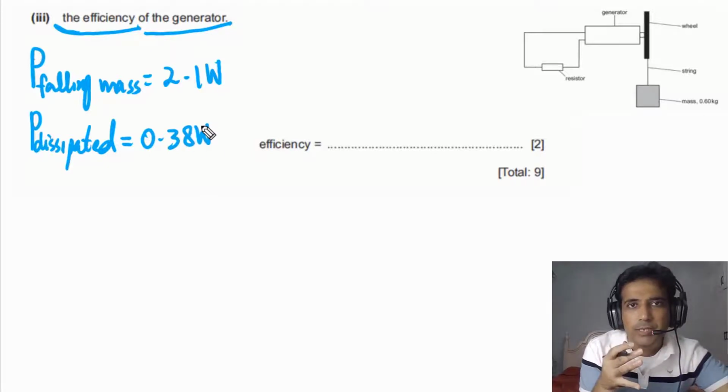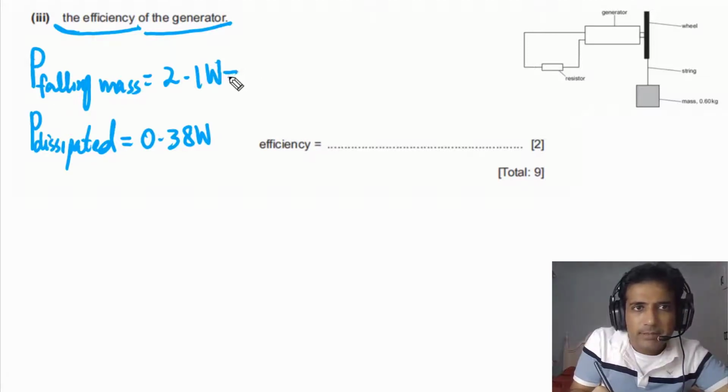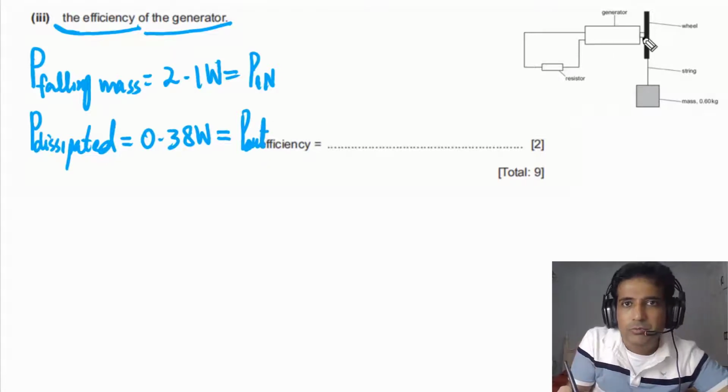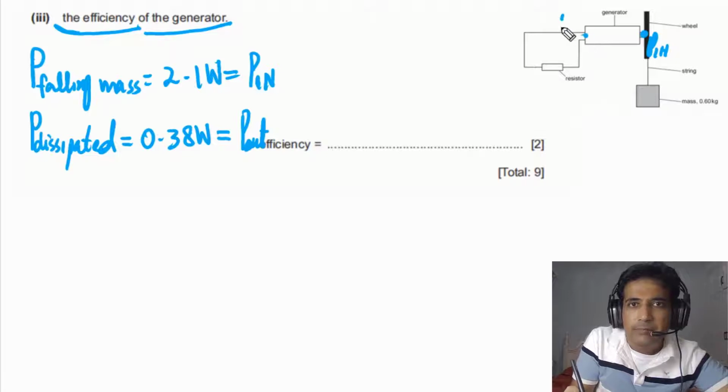Now we need to understand what is the input power to the generator. P of falling mass is the P input to the generator, meaning power input to the generator, and P dissipated is P out of the generator. So we can write down this is our generator, we have P in and we have P out.